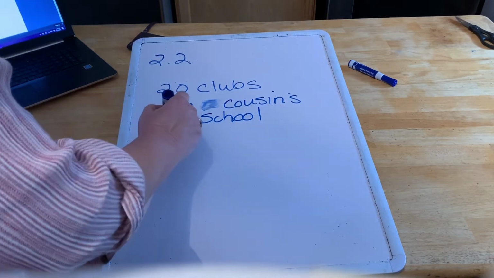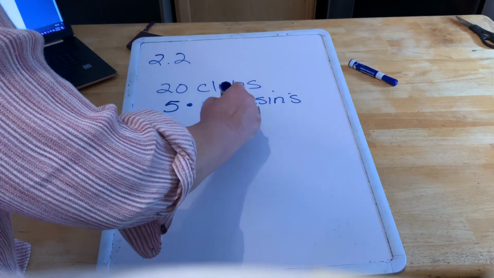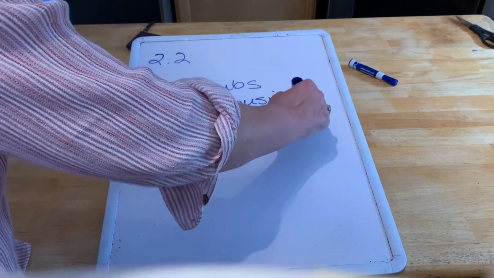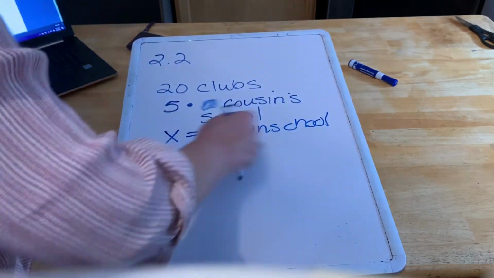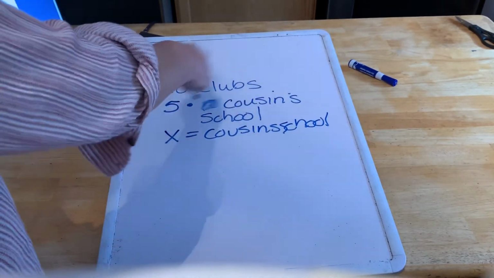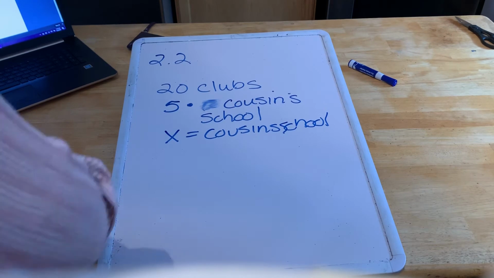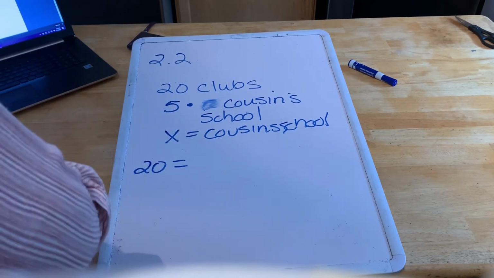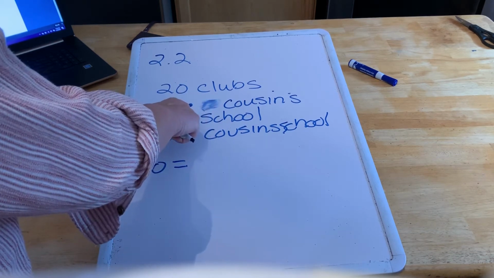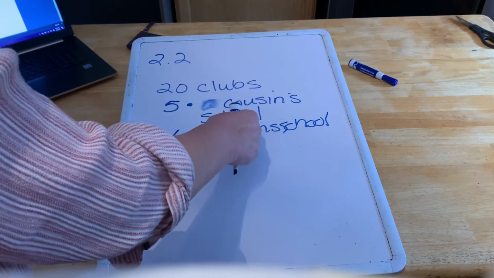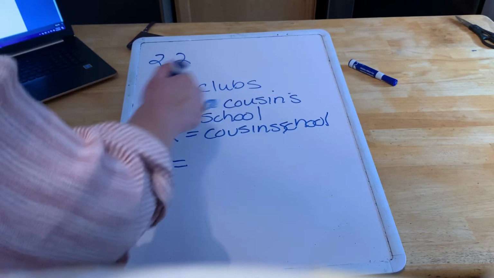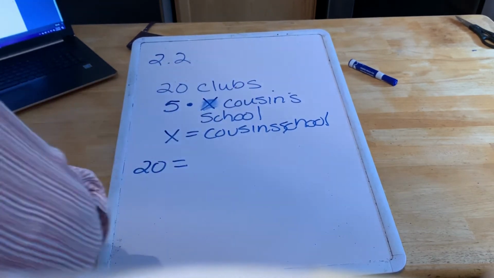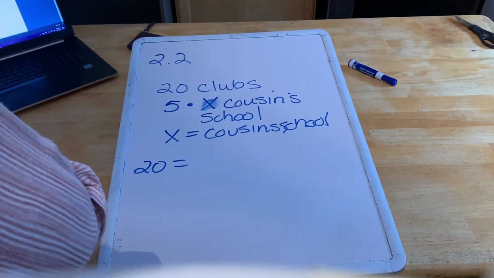Okay, and cousin's school has X. So it's basically telling you what to set up here. So 20 clubs total. 20 equals, and then 5 times cousin's school. So 5 times cousin's school is X.